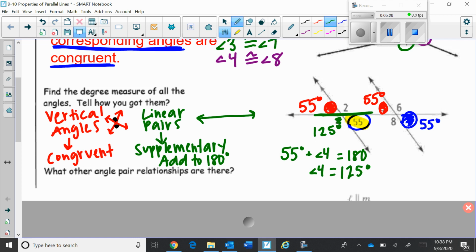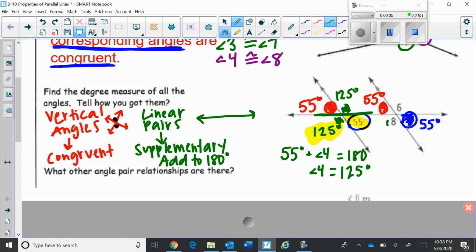Now we could use that linear pairs theorem over and over again, or we can go back to our vertical angles. We now found that angle 4 is 125. Which one is its vertical angle? Angle 2, the one right across from it, is also going to be 125 degrees. Now this 125 that we just found, which one is its corresponding angle?